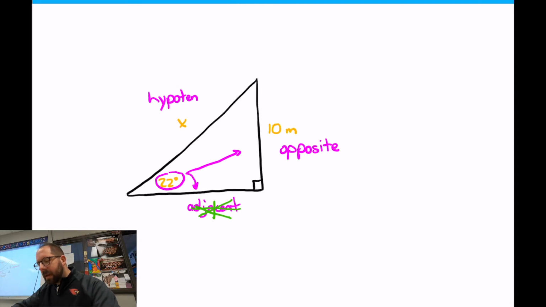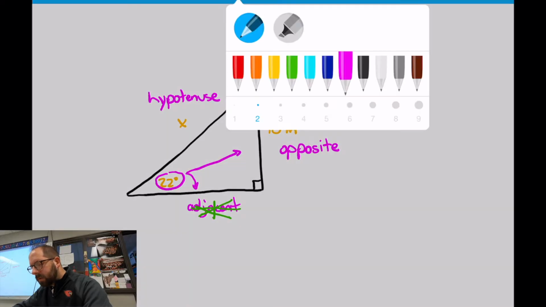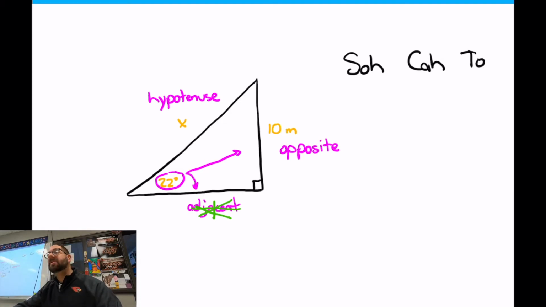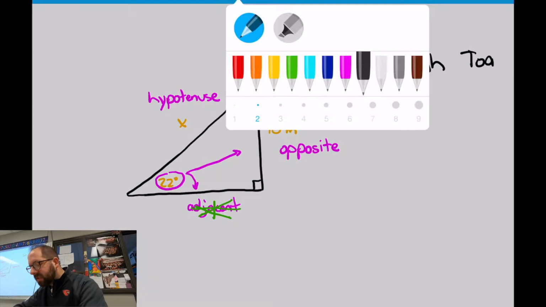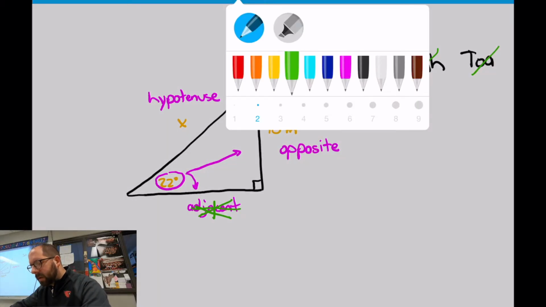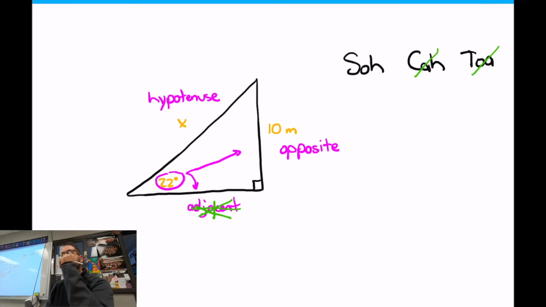So now, looking at my little acronym, SOHCAHTOA, knowing which trig function to pick, you have to look at the labels you're using. I'm obviously not using the adjacent. So if I'm not using adjacent, these are the ones that go away. They have A's in them for adjacent, so I'm not using them. So I'm using the sine function again. And I already kind of warned you that I was going to use the same function for the first couple, just so you get used to why I am using this one each time. Because the labels tell me that.